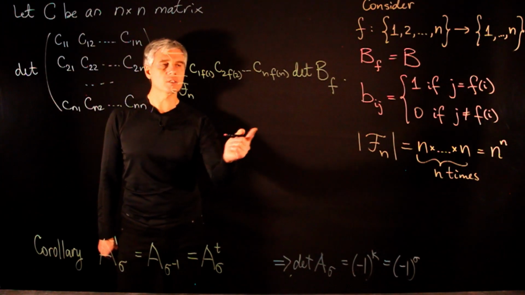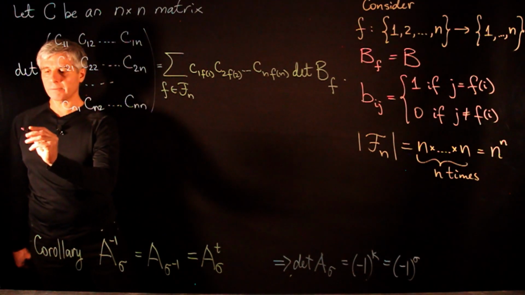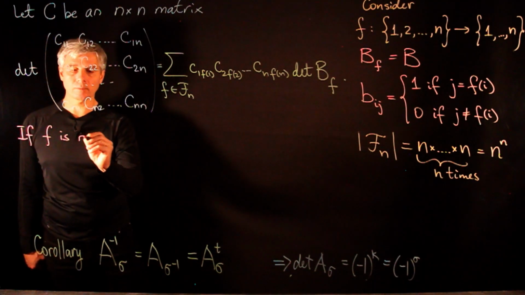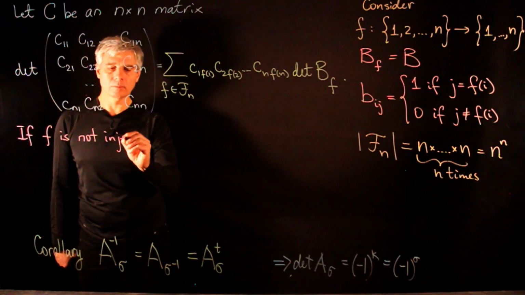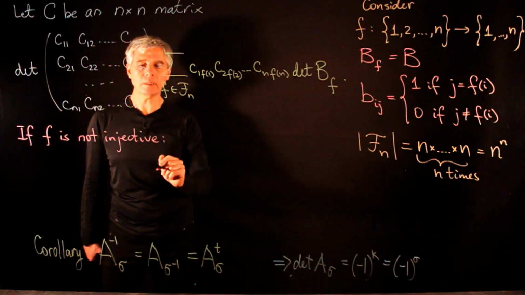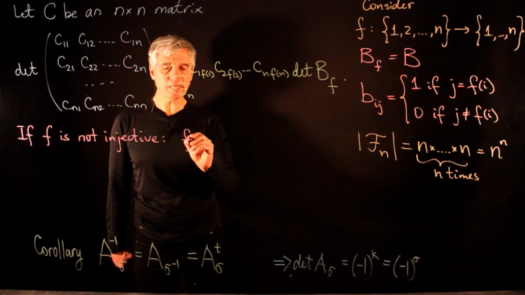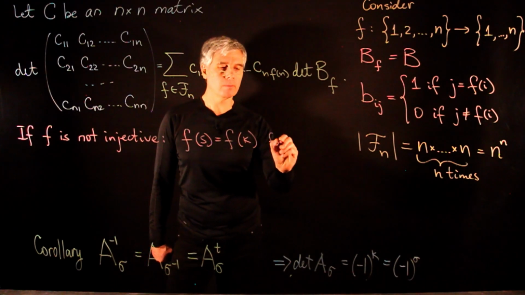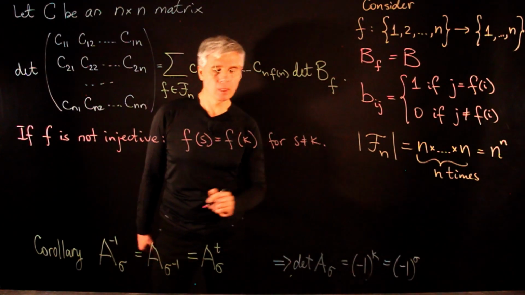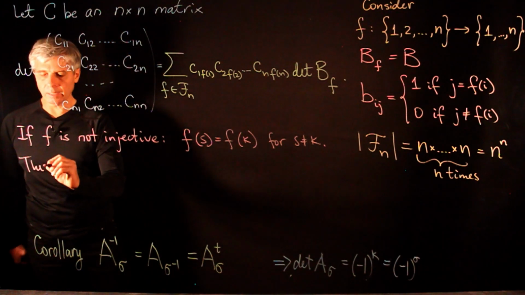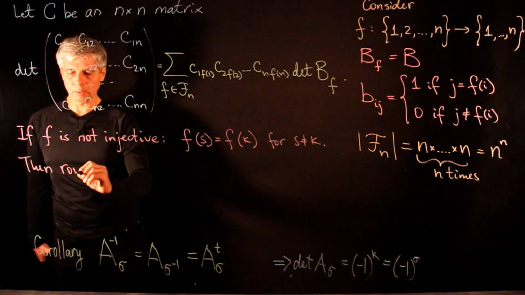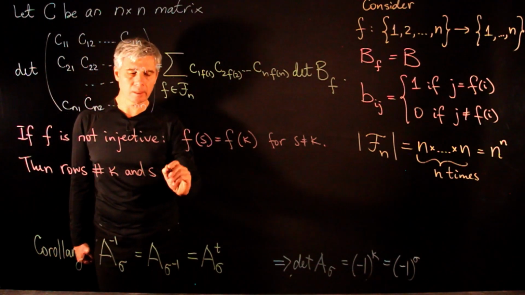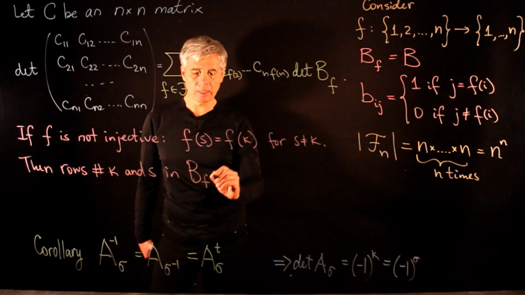Now let us analyze this formula. So what happens if the function f is not injective? Well, suppose we have f of s is equal to f of k for s different from k. So then we see that rows number k and s in the matrix Bf are the same.